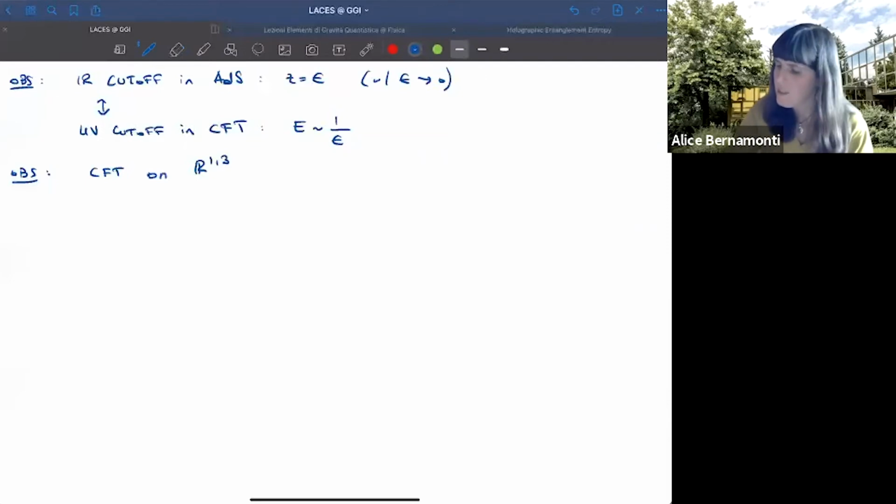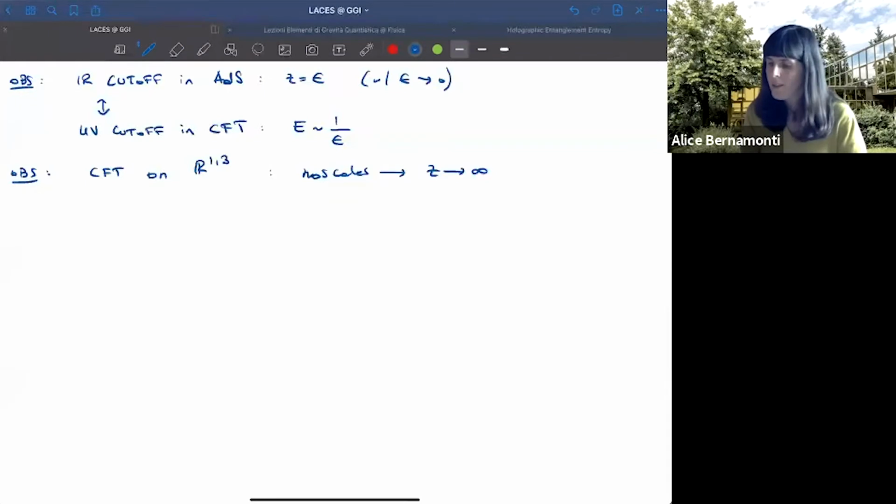And indeed, this corresponds from the bulk point of view to the fact that the interior of the bulk spacetime extends all the way to z going to infinity, at infinite proper distance. So, no scales.